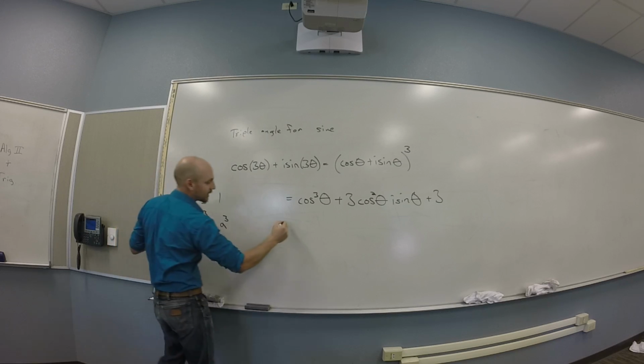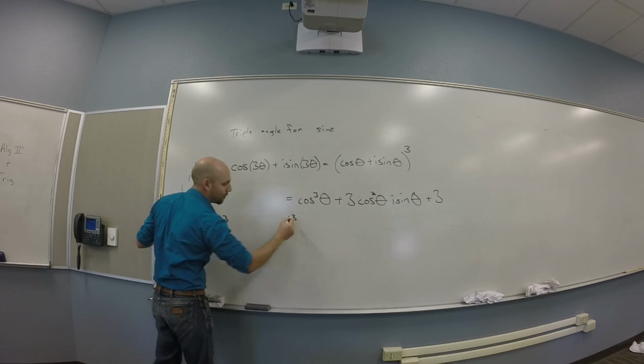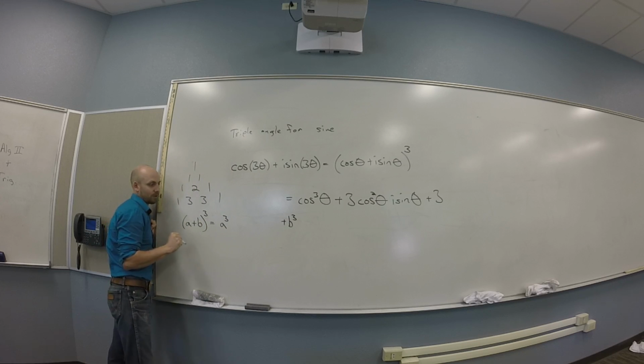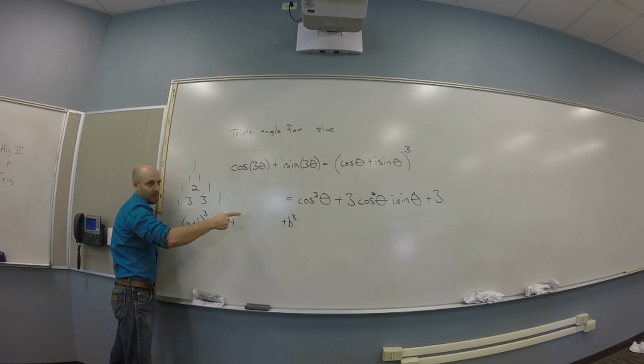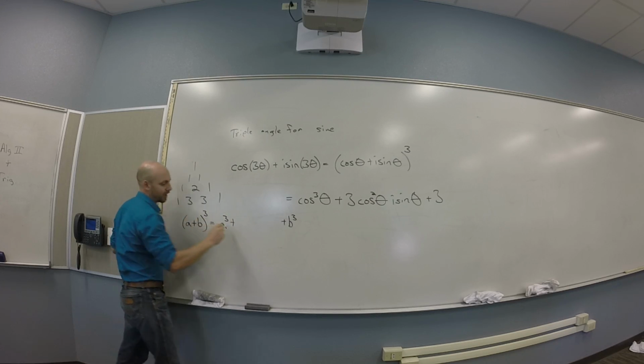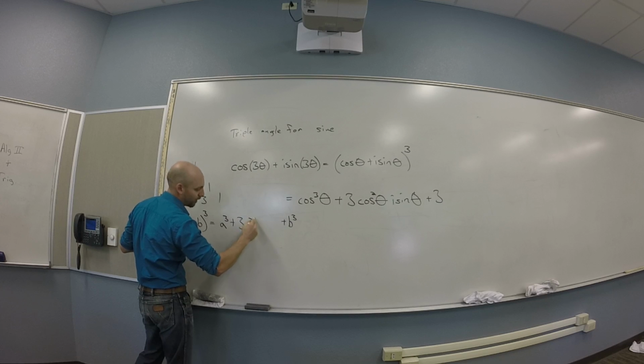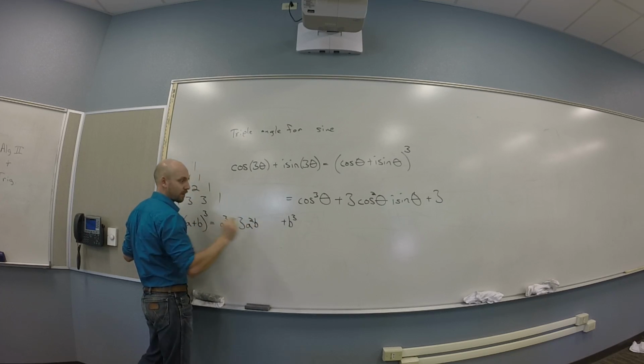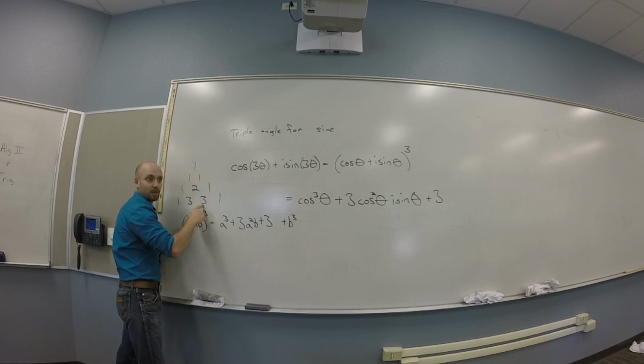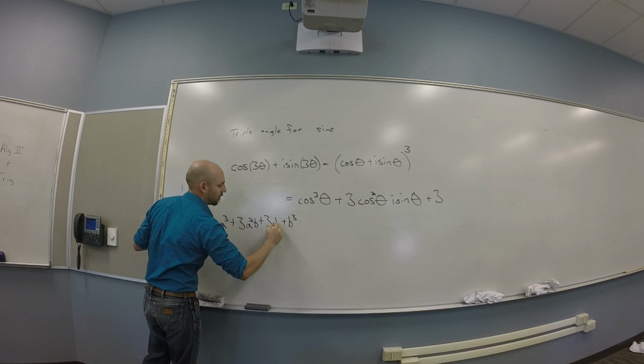And then your last thing is going to give you a b cubed. And then for the terms in between, you sell one of your a's for a b. So there's going to be 3 of them, with 2 a's and a b. And then the next, there's going to be 3 of them, that's this 3, with 1 a and 2 b's.